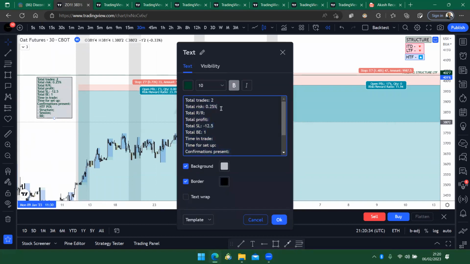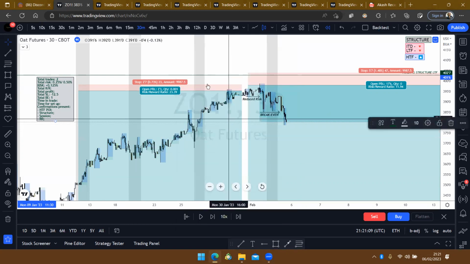So that means my risk has now, out of 50, and this was 0.25, so we have got plus 25%.